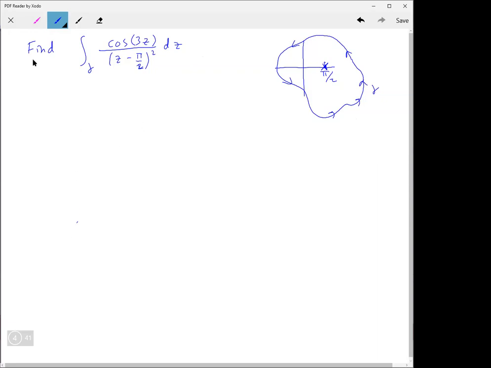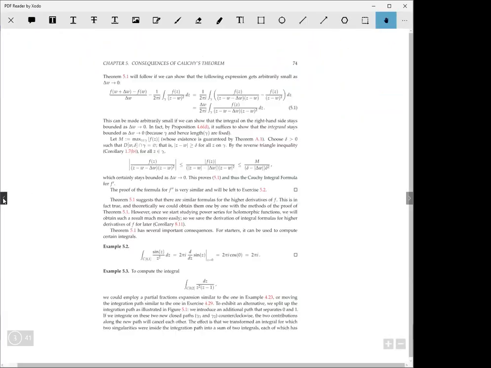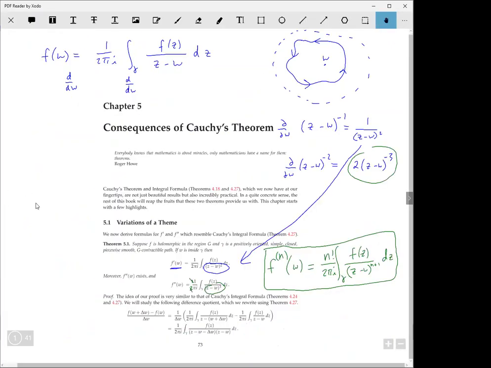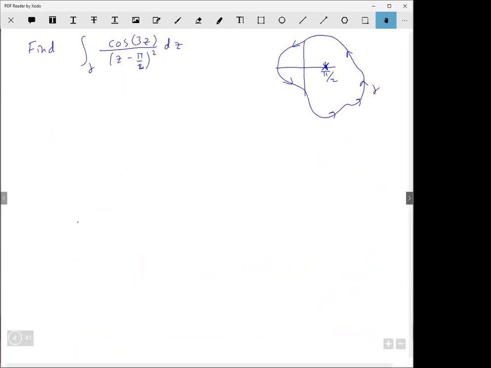Okay, so since the problem that we want to do has a square in the denominator, let me point to this formula right here, this formula for the first derivative.